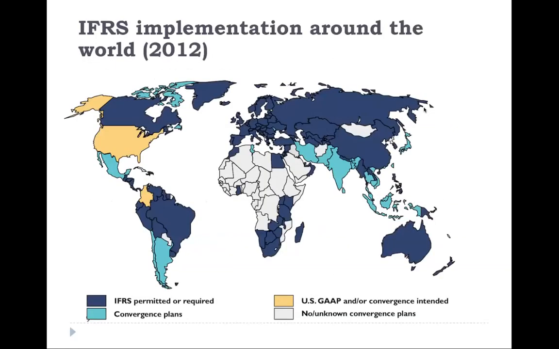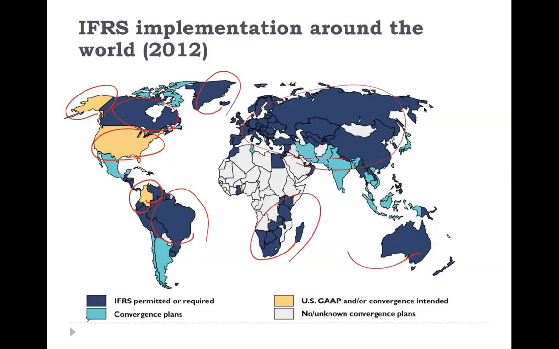So this is a map of which countries adopt which standard. As you can see here, the only countries that adopt US GAAP are the countries in yellow. And outside of the US, almost everyone else adopts IFRS. So this is something that you need to keep in mind.